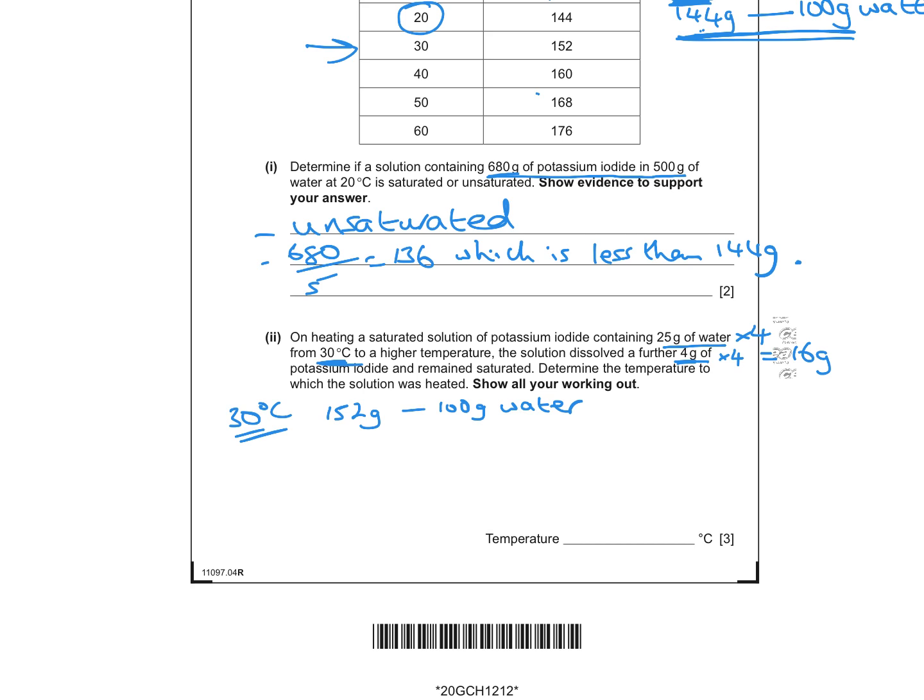Now, a few moments ago we worked out that at 30 degrees C, 152 grams of potassium iodide dissolved per 100 grams of water. We have now worked out that at a higher temperature, this solution dissolved 16 grams per 100 grams of water. That's what we've just worked out here.